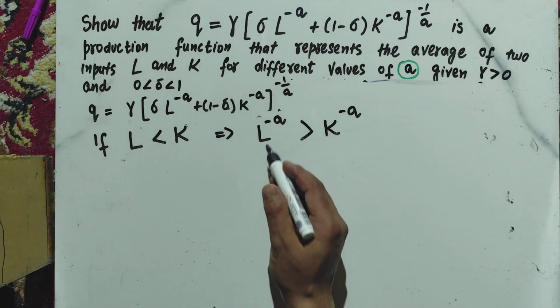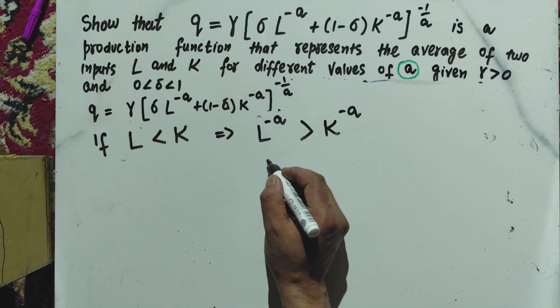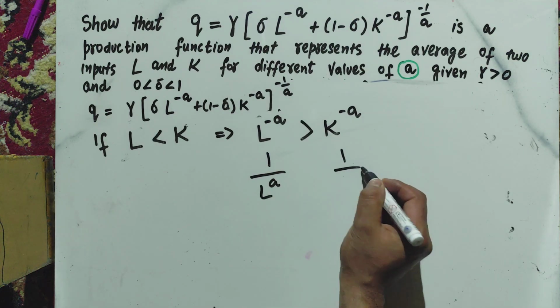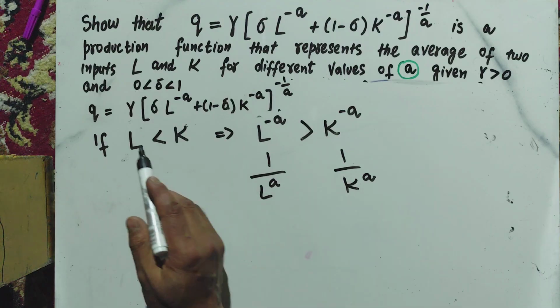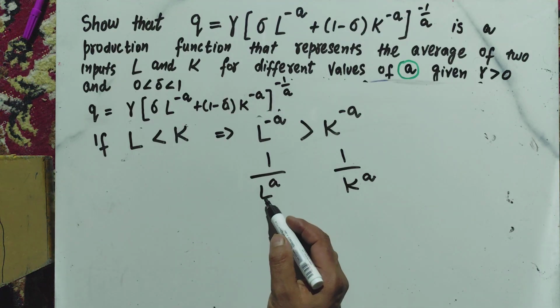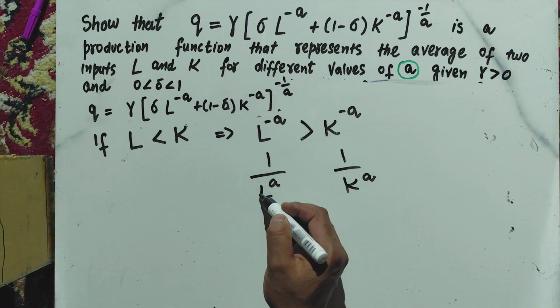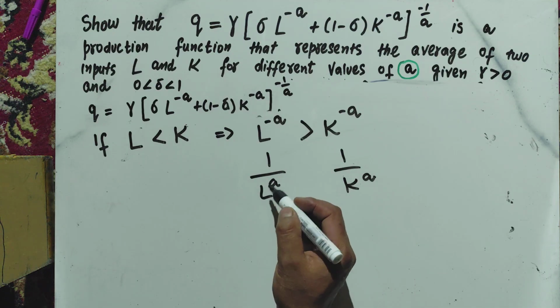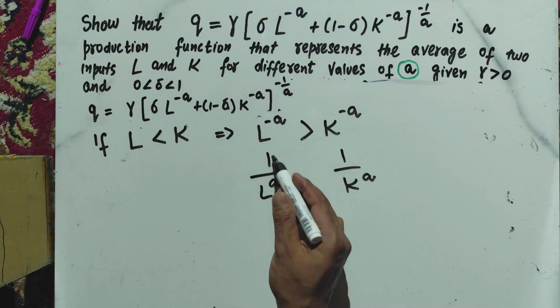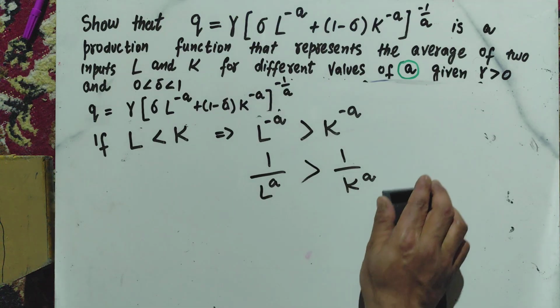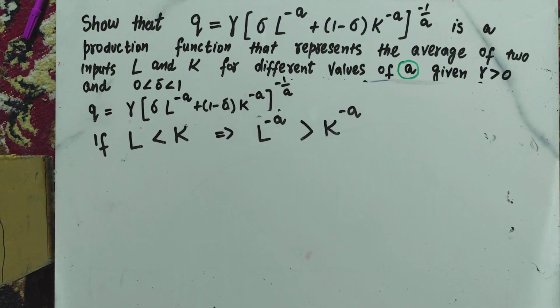Why? If I write it like this, it will be 1 divided by L raised to the power a, and here we get 1 divided by K raised to the power a. Since L is less than K, this is smaller compared to this. The smaller the denominator, the greater the number. Since this is smaller than this, this number will be greater. So this was to explain that to you.